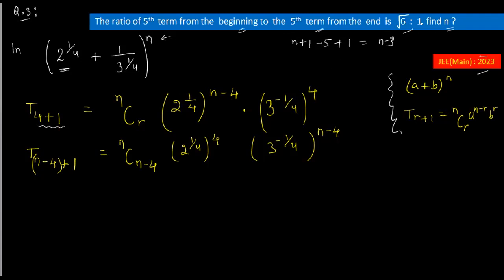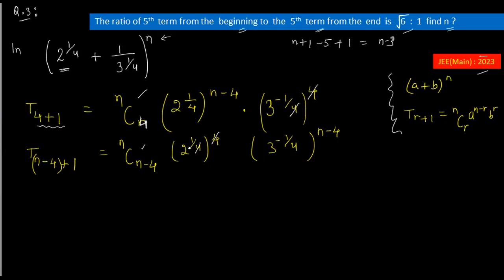Since this ratio is root 6 over 1, let us divide them. We already know nCr is the same as nC(n-r), so these binomial coefficients get cancelled. Here r is 4, by the way. Here this is nothing but 2, and here this is nothing but 3 inverse.